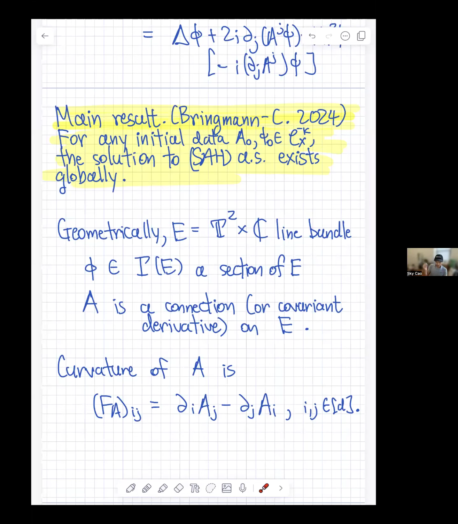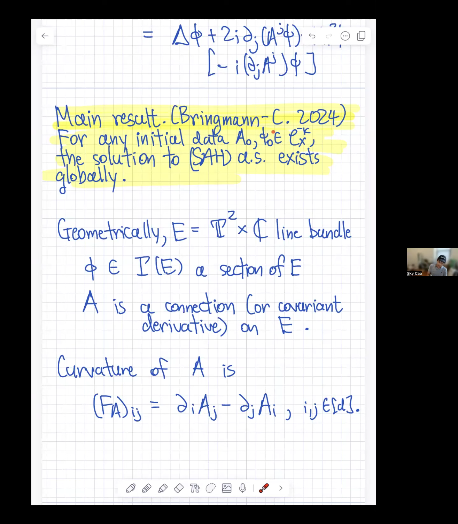It's just for some reason the natural space of initial data for stochastic Abelian-Higgs. But for these global problems, it's less about the regularity and more about the size. So if you want, you could also just take A0, phi 0 to be smooth.